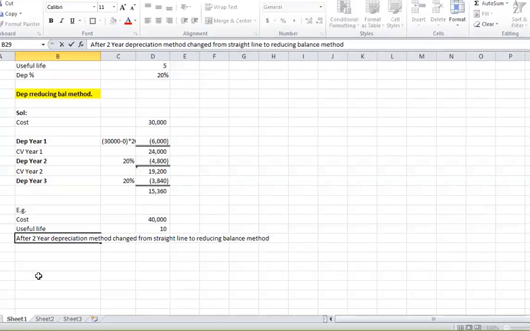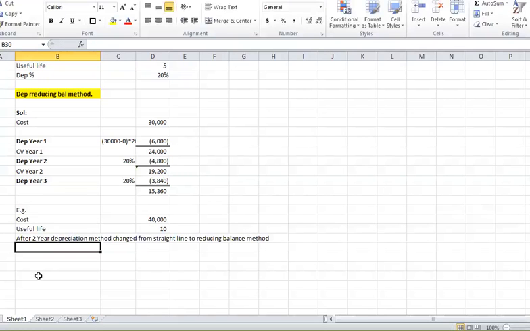So this is a small example. And the depreciation percentage in the reducing balance method will be, say, 15%.